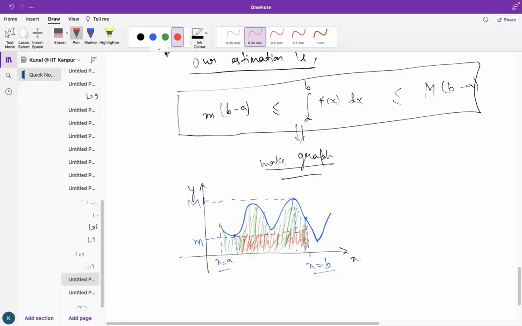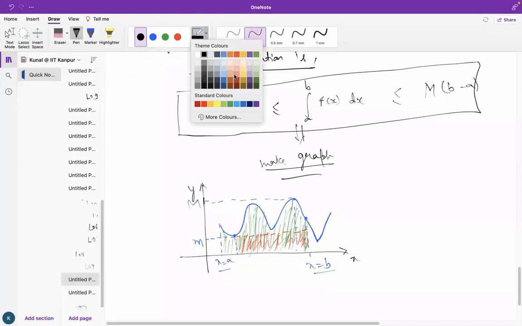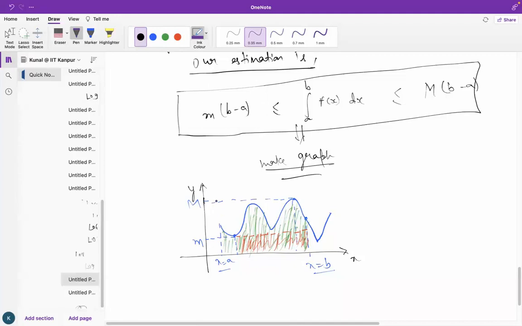And let me use some other color for better understanding. I'll take the dark color and use it for this area.